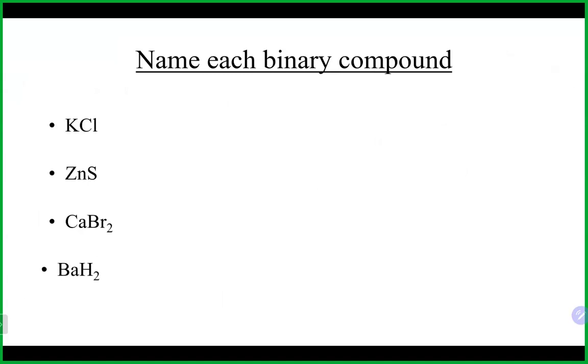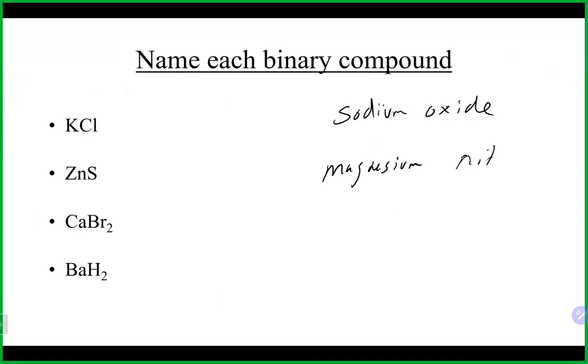All right, so why don't you give these a try, and I'll give you some names here. Let's do sodium oxide. Let's do magnesium nitride. Let's get rid of this one since we already did that one. Let's do KCl.